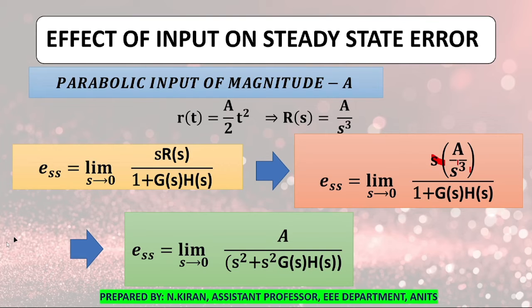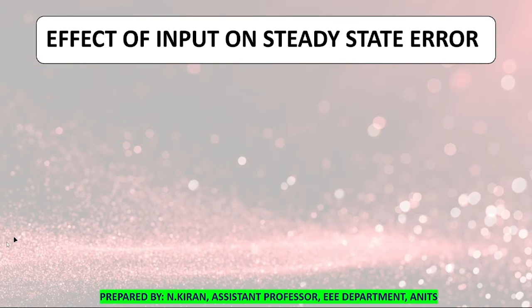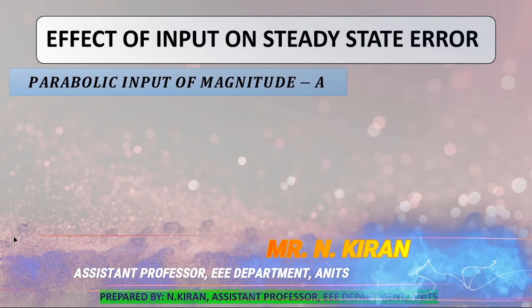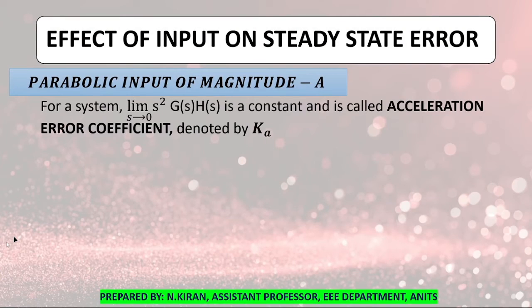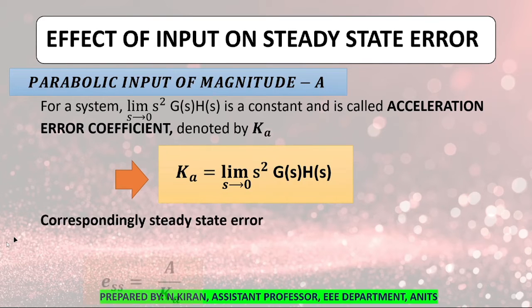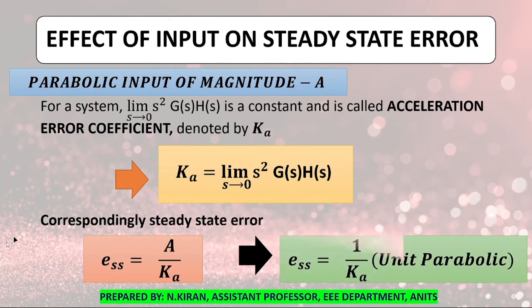The first term becomes 0 after applying the limits, and the second term is limit s tends to 0 s square into G(s) into H(s), which is another constant that we call the acceleration error coefficient, given by Ka. Eventually this gives the steady state error as A by Ka, and for unit parabolic input we get ESS as 1 by Ka.